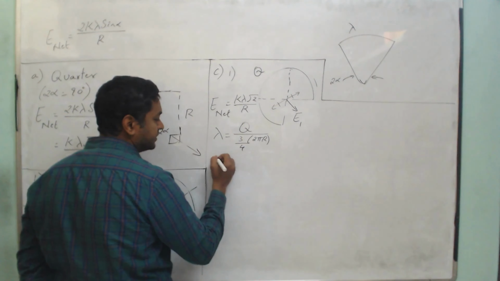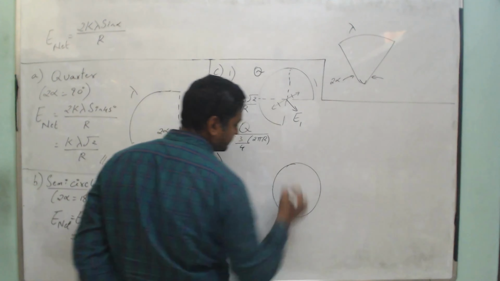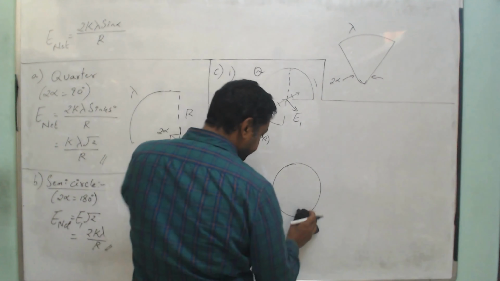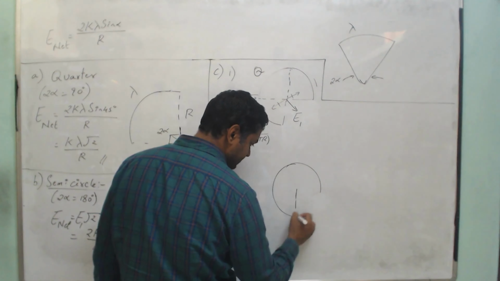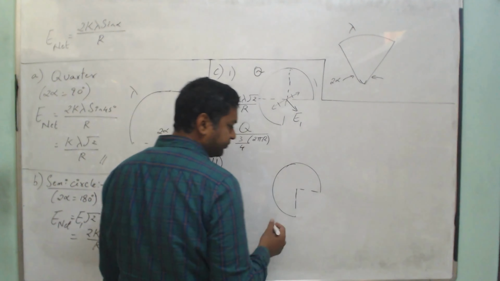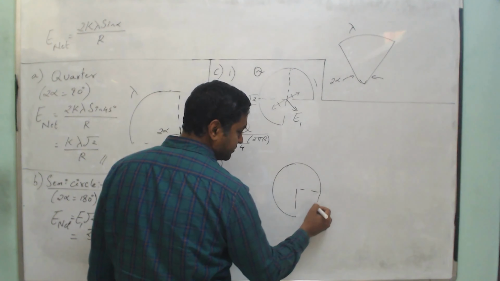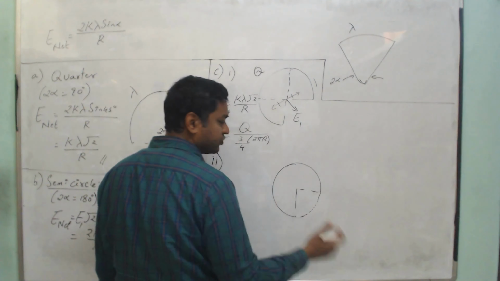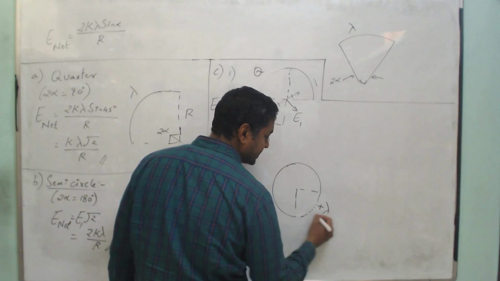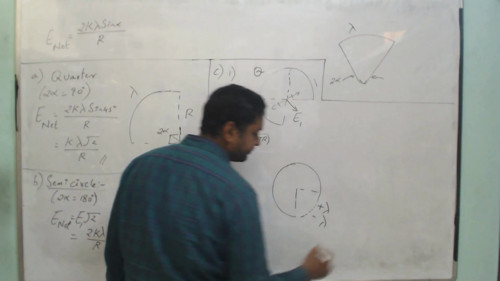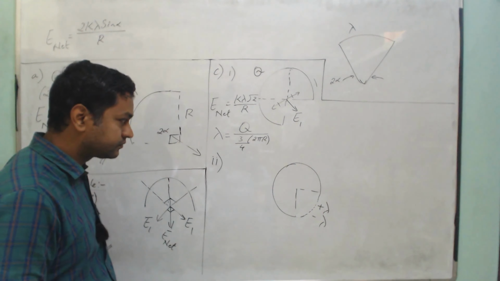is basically I still have 3/4 of a circle. Now, what I will do in this, in the place of the fourth quadrant, I will imagine a plus lambda and a minus lambda, right?